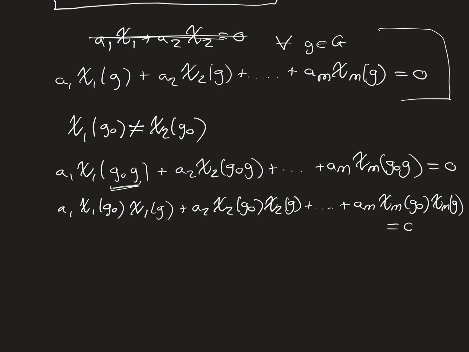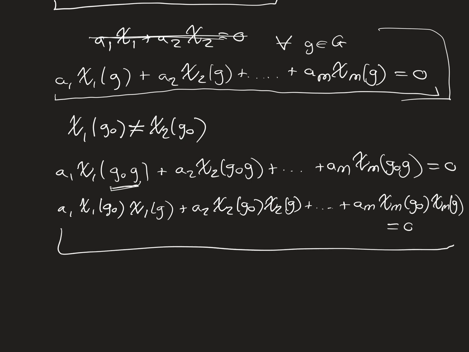Good. That's equal to 0. And now here's the other thing that we can do. This holds for all little g an element of big G, and the original one also holds for all little g an element of G.